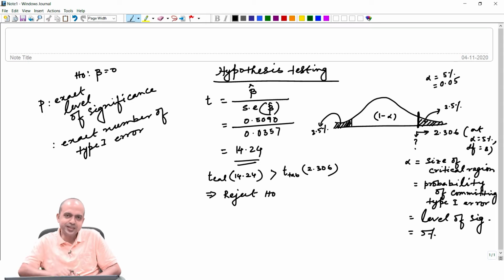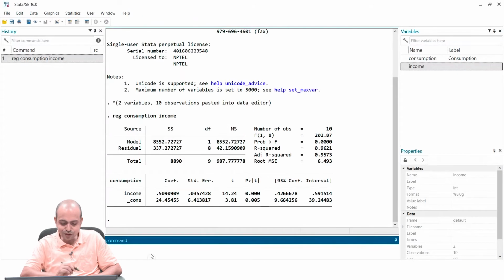But if you take P, since this is called the exact level of significance, I exactly know the size of the critical region, right? And if you go by the P value, then you do not have to compare the tabulated with the calculated one. Rather, let us say in this case, what is the value of P? 0.000. That means you are actually not committing type 1 error at all.